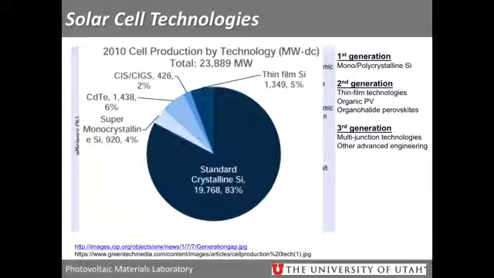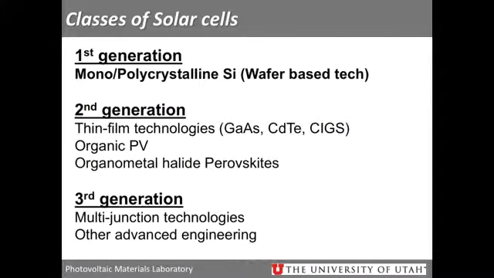And it's hard to take market share from a technology that has proven to work very well. If we look at these other two slivers here, cadmium telluride and CIGS, those are the two top thin film technologies, along with gallium arsenide, and those are gaining market share, but they're still second generation materials, and there's still a lot of research going on to lower their costs.